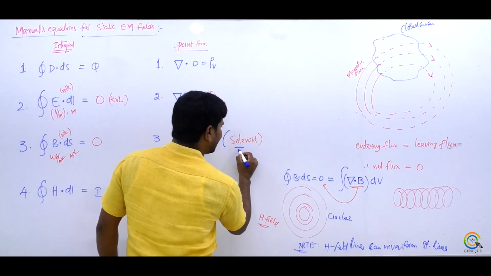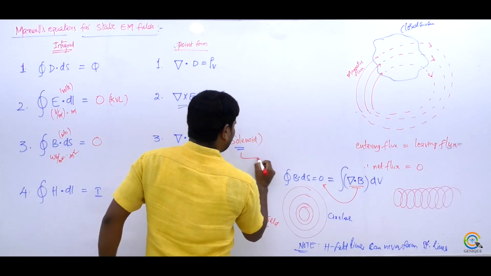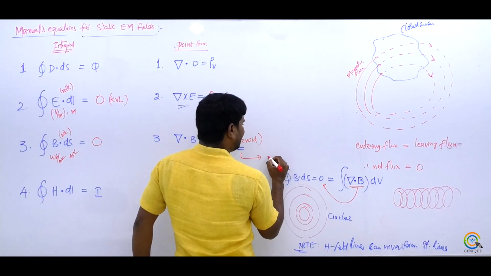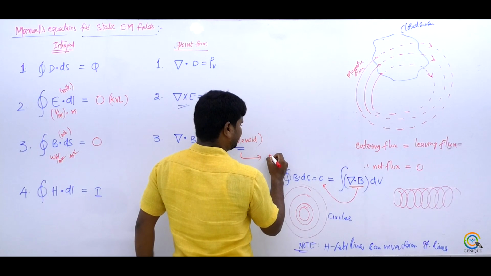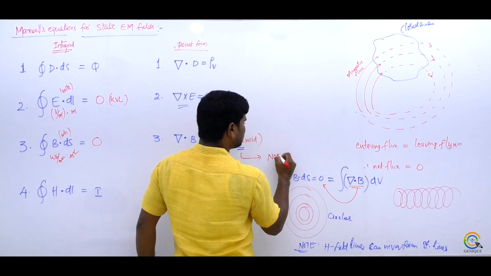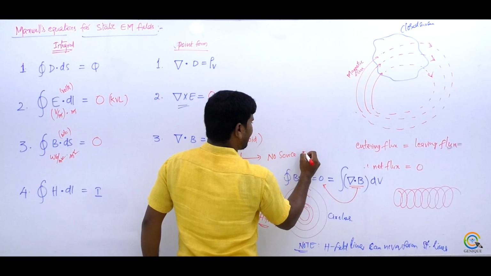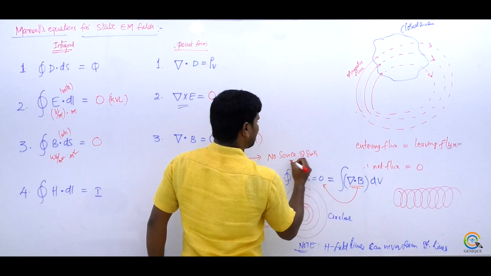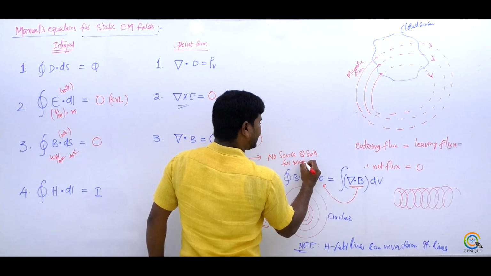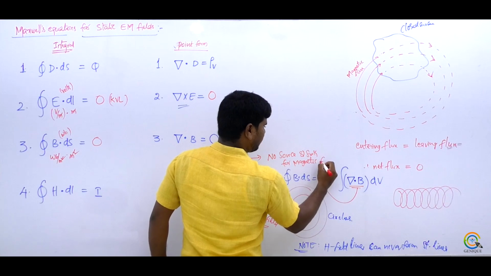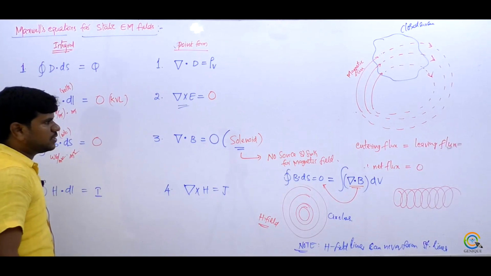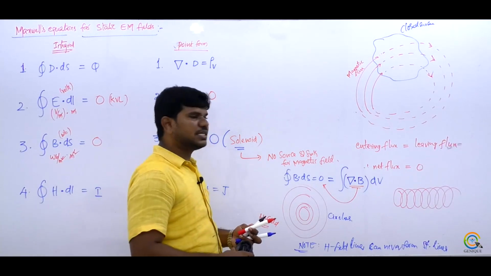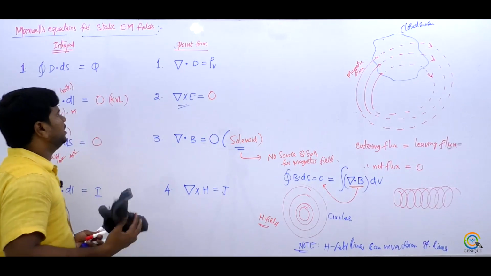So what does the solenoid nature mean? There is no source and sink for the magnetic field lines.